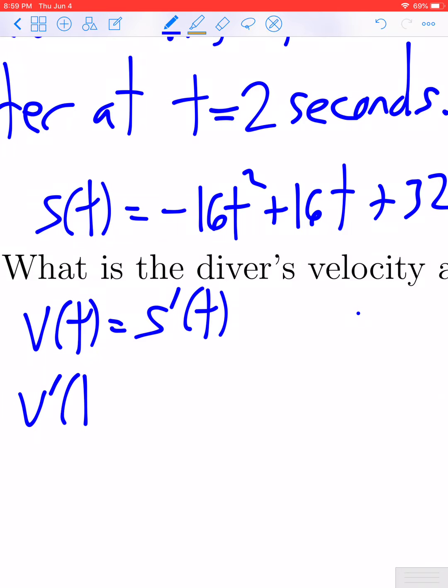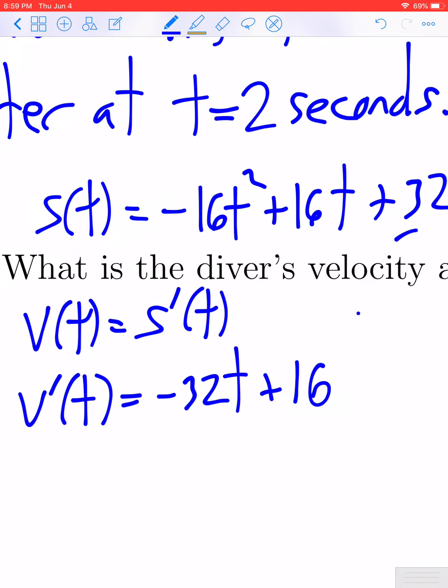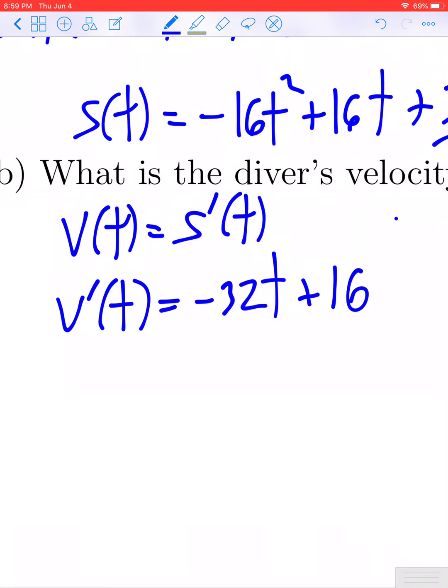We know how to take the derivative of a polynomial by now. This will give us negative 32t, the derivative of 16t is 16, and the derivative of that constant 32 would be 0. So this gives us the velocity function: negative 32t plus 16.